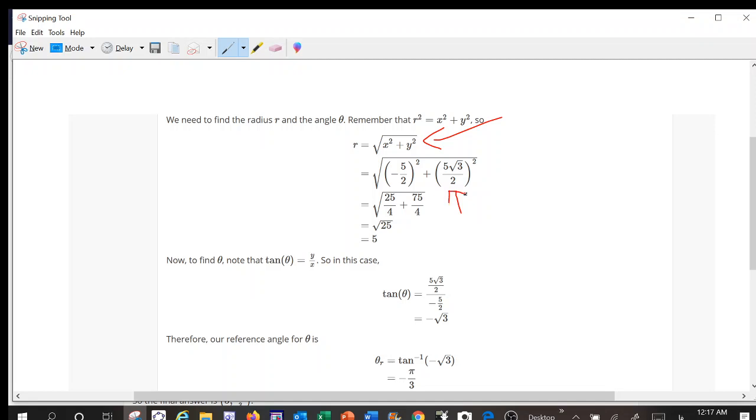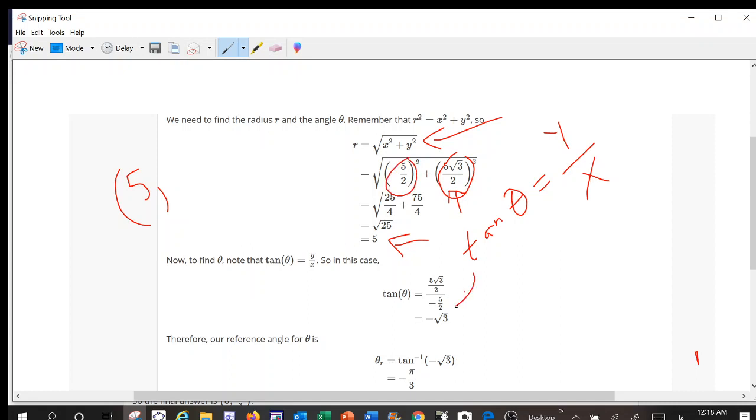So we just do the arithmetic here, we get 5. So that's my r. I know my r is 5, right? Now I need to find theta. Now remember, tangent theta is y over x, right? So my y is that, and my x is that. You just have to divide them.